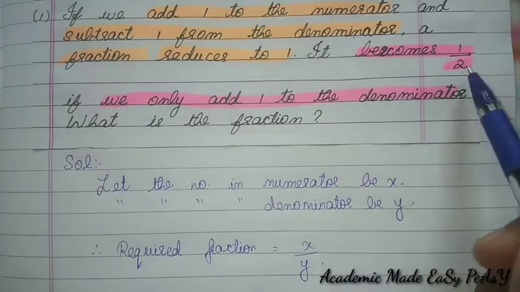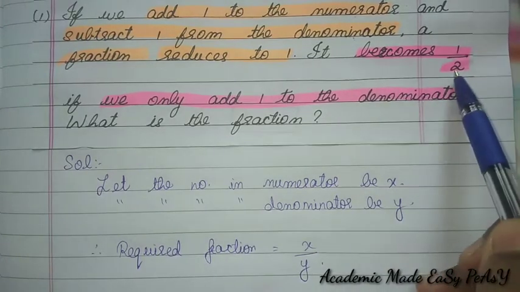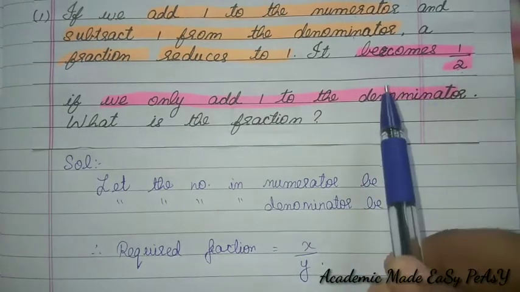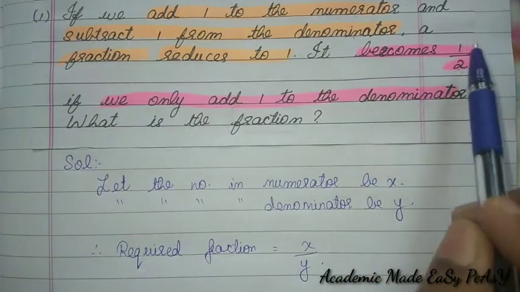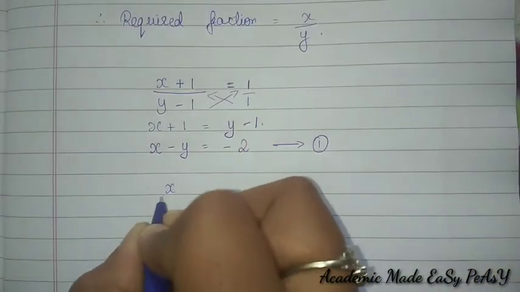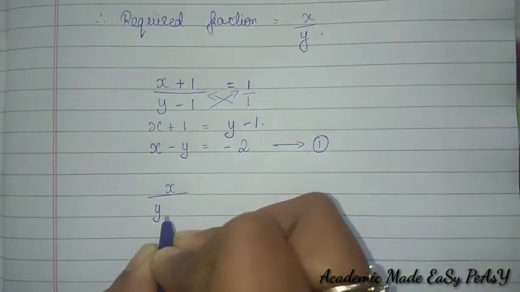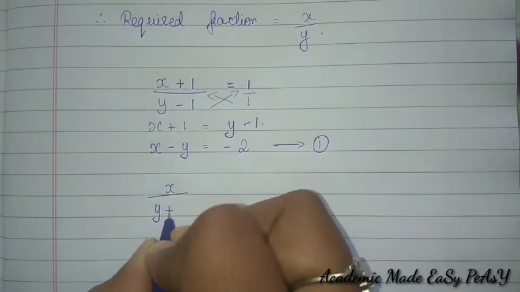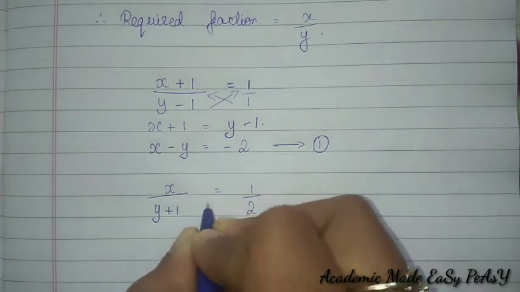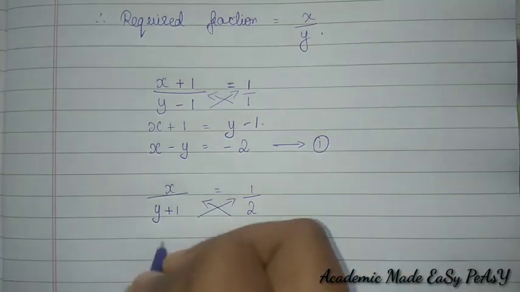In the next case, they are saying that it becomes 1 by 2 if we only add 1 to the denominator. Only to the denominator we are adding 1, so that we get 1 by 2 as the answer. So x over y plus 1 equals 1 by 2. Now let me cross multiply.